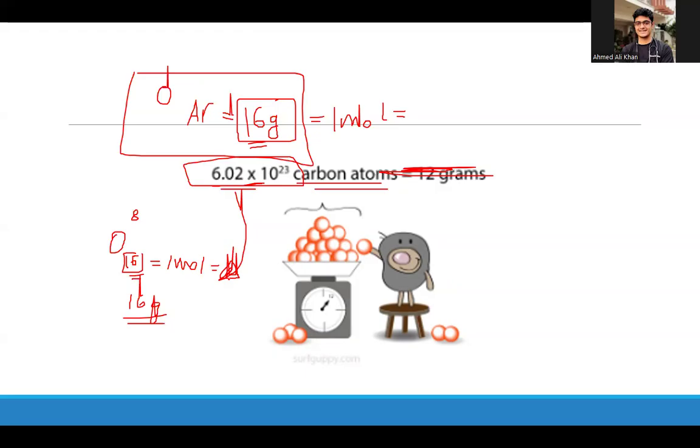No, you cannot. वो तो बहुत छोटे छोटे हैं, उनकी mass भी ज्यादा नहीं, right? But if you'll take 6 into 10 power 23 atoms or 1 mole of oxygen, that will weigh 16 grams, right? So these masses are actually the masses of 1 mole of that substance.